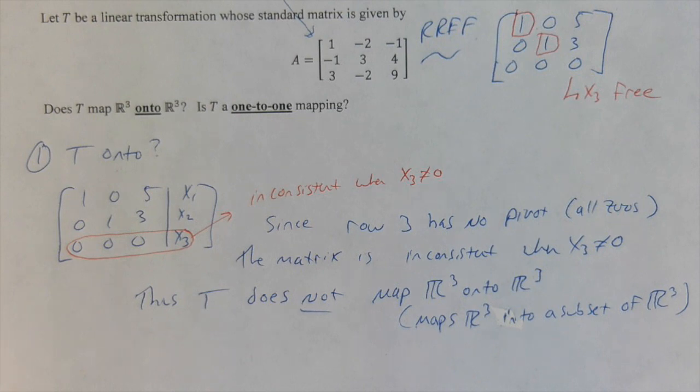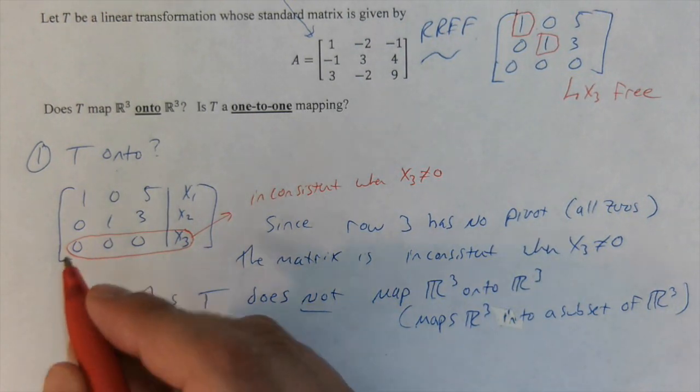You might be wondering what that means. Well, let's actually think about what the solution of this is. So the answer to the onto is no, it's not onto because we're missing a pivot in the final row here. But let's be more specific and look at the solution.